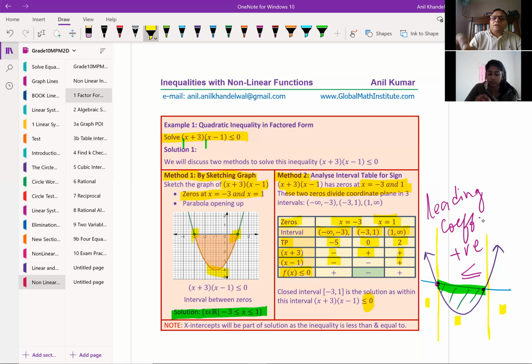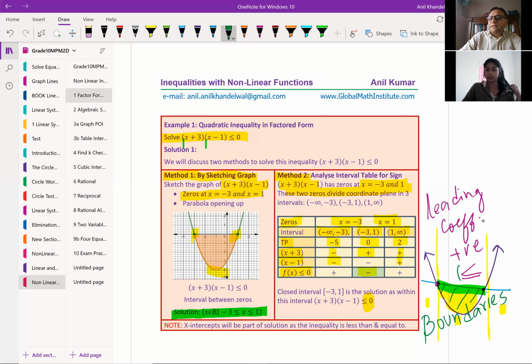We are looking for negative answers, and clearly the region between -3 and 1 is our interest. So we got this particular region. Once you have identified the region, you have to look back into your boundaries, right? So let me focus here on splitting the question as finding the interval and then concentrating on boundaries.